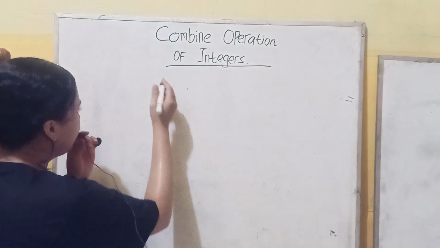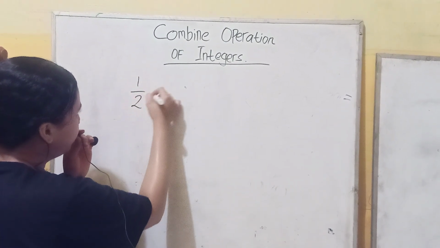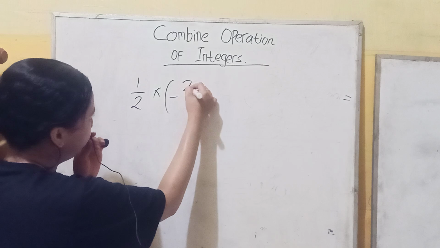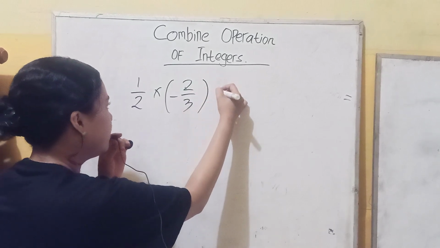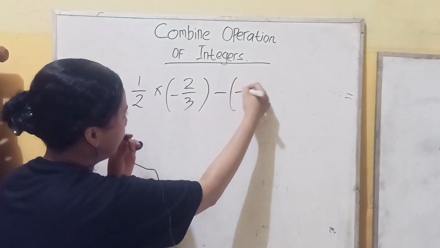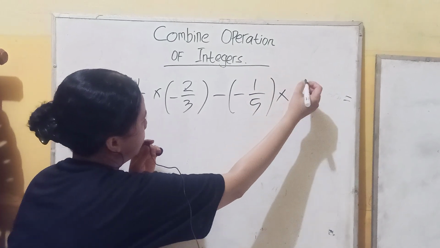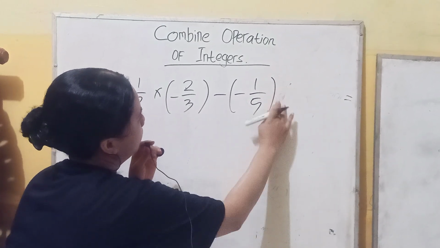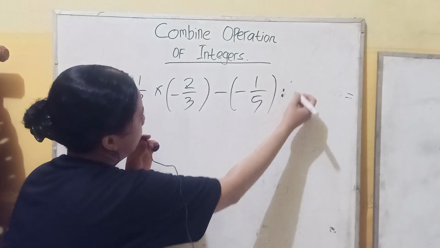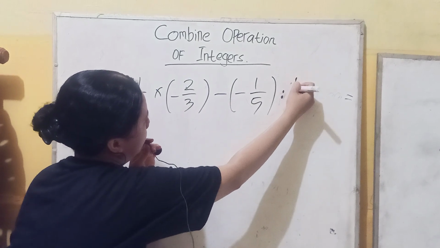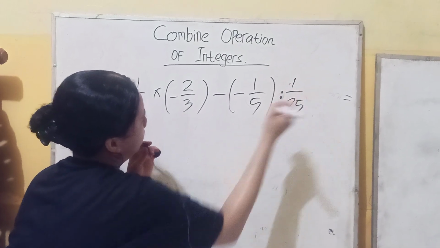So for the fractions, let's say I have here 1 out of 2 times -2 out of 3 minus -1 out of 5, okay, I write here divided by 1 out of 25.